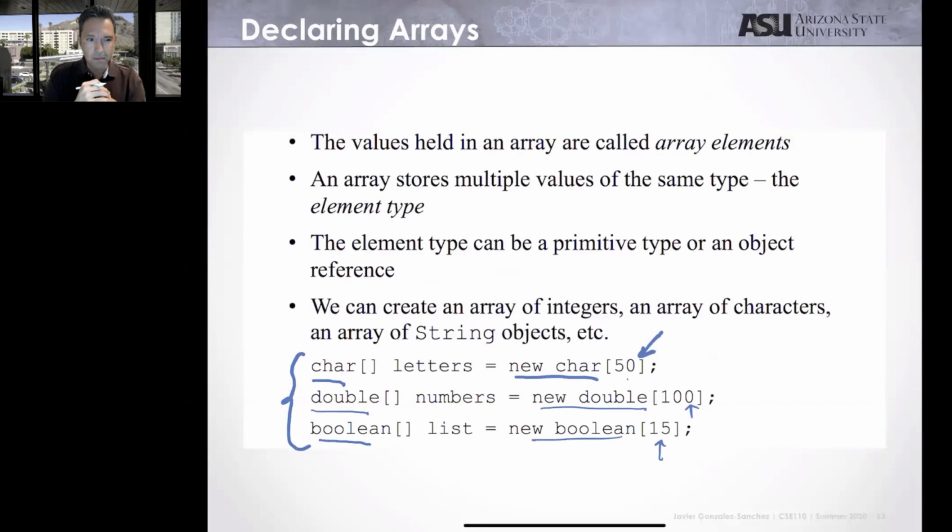Which one could be the minimum number that you can put there inside of the brackets? And what could be the maximum? Is there any limit? Minimum number. If you are doing this new, any type, the brackets, which is the minimum number that you think could be required there?